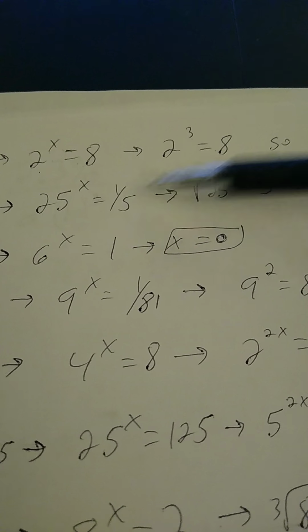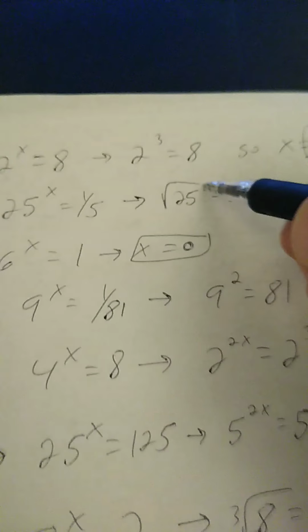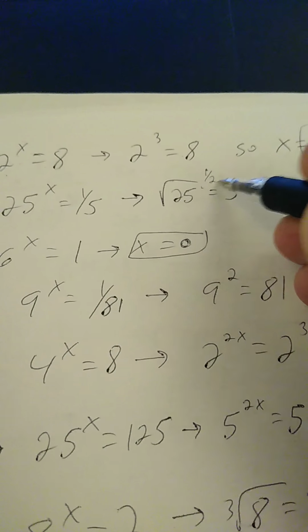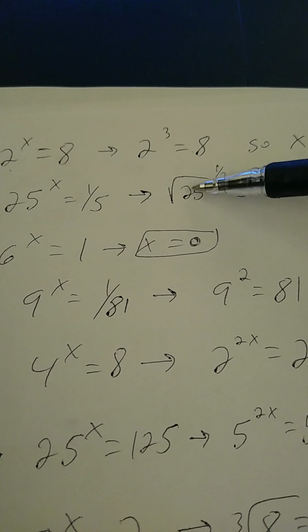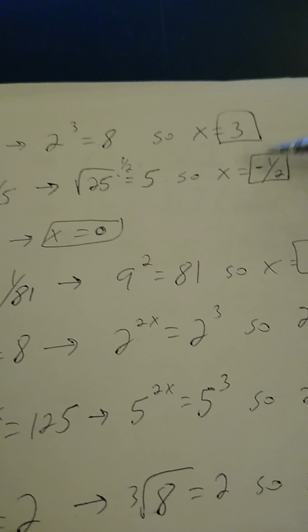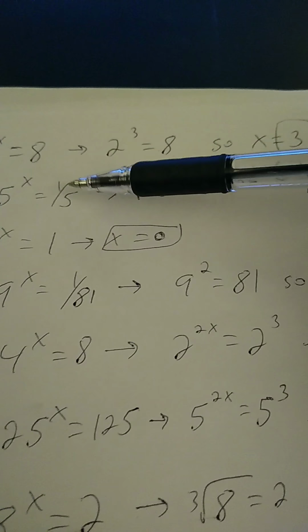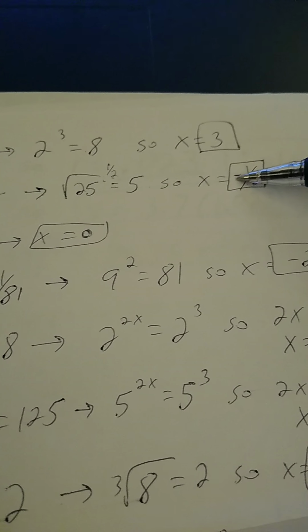I'm just focused on the 5. Square root of 25 is 5. And I write a square root as an exponent of 1/2. So the exponent must be 1/2, but the answer is a negative. Well, we also know that a negative exponent produces a reciprocal. So the reason it's 1/5 is because it was a negative exponent.